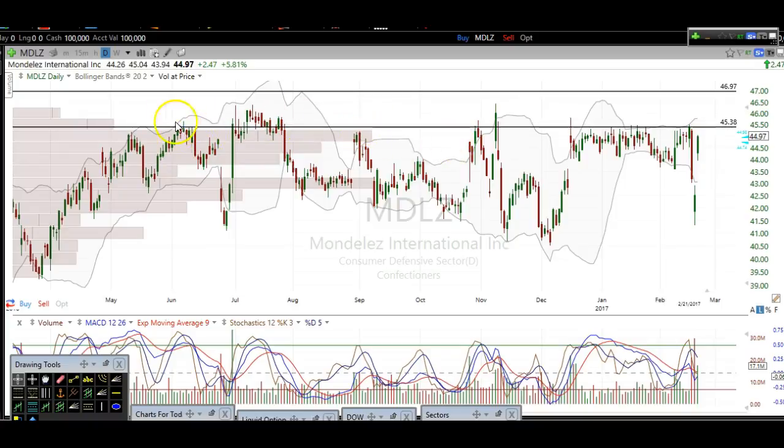Right here, over here we barely broke over, and you can see it just broke right back down after it broke over that level. So Mdlz is not really liking these price points up here above that $45 mark. So definitely something to be aware of. This level is something that you definitely want to keep in mind if you're trading or investing in Mdlz.